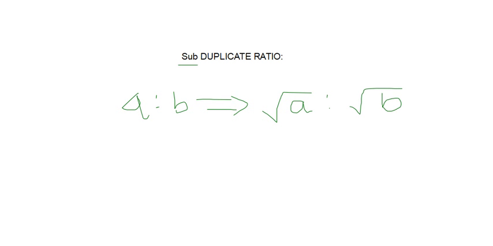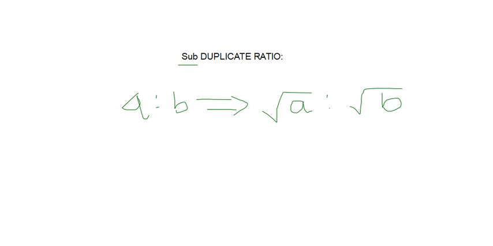For example, you take the question 5 is to 2, then the subduplicate of this, the answer is what? Root 5 is to root 2.